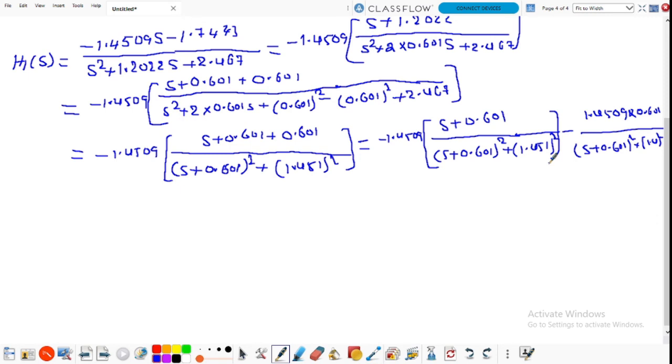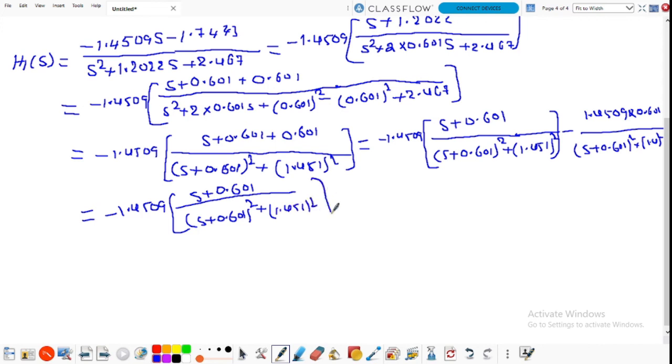So we get H1 of S is equal, the first term is 1.4509 into (S plus 0.601) divided by (S plus 0.601) whole square plus 1.451 whole square, and the second term reducing, 0.601 into 1.4509 divided by (S plus 0.601) whole square plus 1.451 whole square.